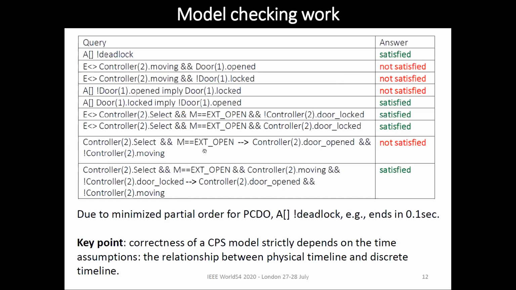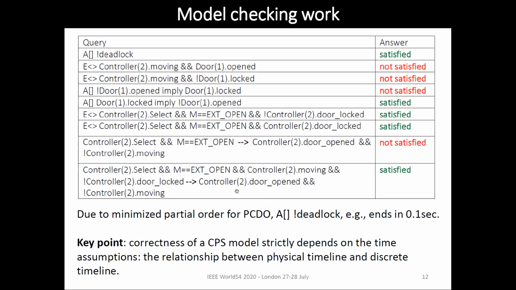The meaning is this: provided that we received an external open, it always follows that the door is opened and the train is stopped. This property is not satisfied because the problem is that the external open can arise when the door is locked and then it no longer can be stopped, and so on.